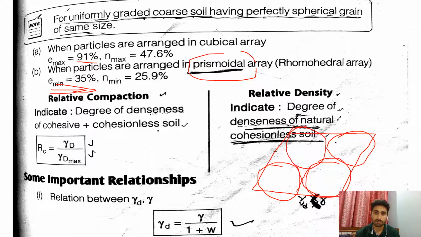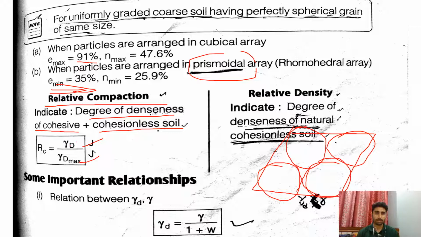Then, as you can see, we have another term called relative compaction. Relative compaction is also used to indicate the degree of denseness of soil, but in this case it can be used for both cohesive and cohesionless soil. It can be found by dividing gamma d by gamma d max.